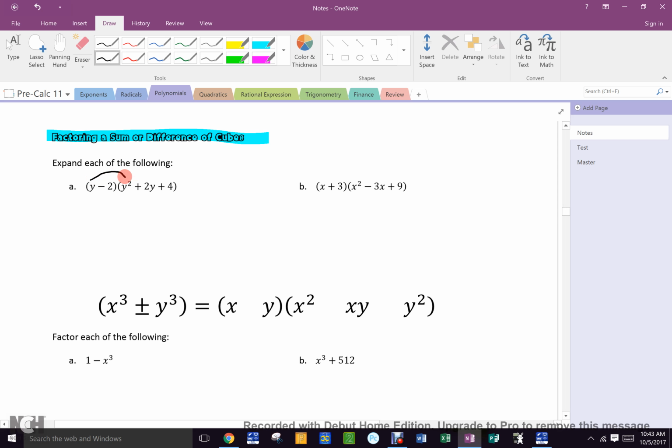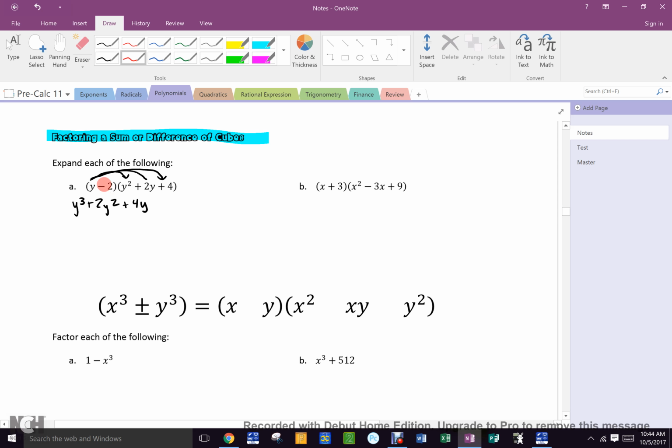So I deal with the first term. Y cubed plus 2y squared plus 4y, yes? And then I deal with the second term.